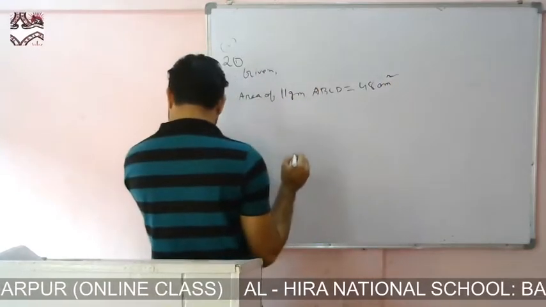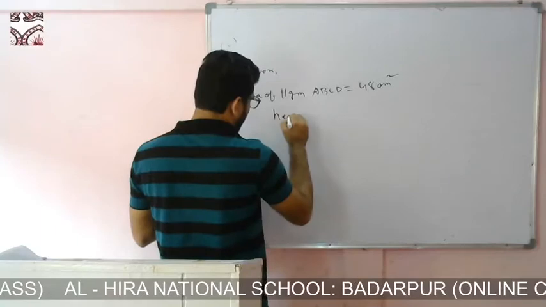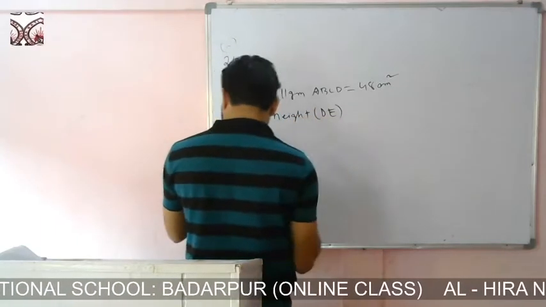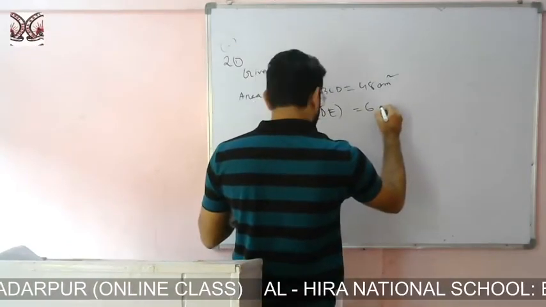Okay, and the height, you can write in bracket DE, equals to 6 centimeter.